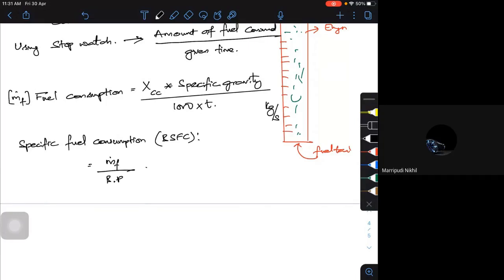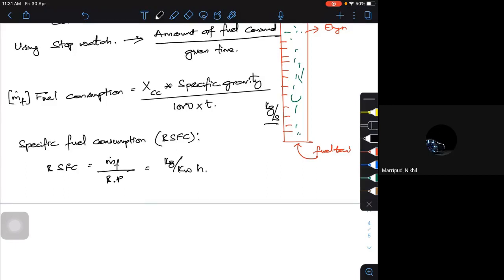So the unit is kg per kilowatt hour, because if the mass of fuel is in kg per hour, and the brake power is in kilowatts, this will be the unit of BSFC.